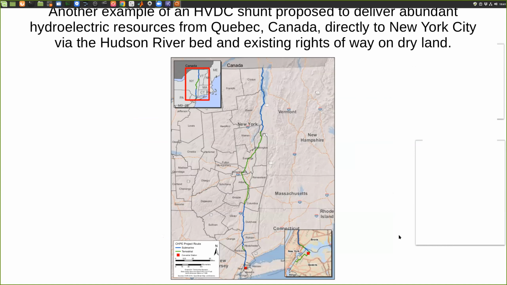I mentioned earlier that Quebec has abundant hydropower, ridiculous amounts. It's tens of gigawatts. I have no idea. This is going to be a high voltage DC transmission line buried in the bed of the Hudson River to go directly from the hydropower source and pop up in Queens, right out of the East River, where there used to be a huge fossil plant.